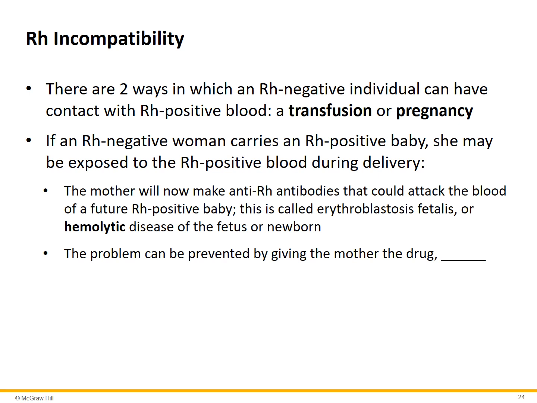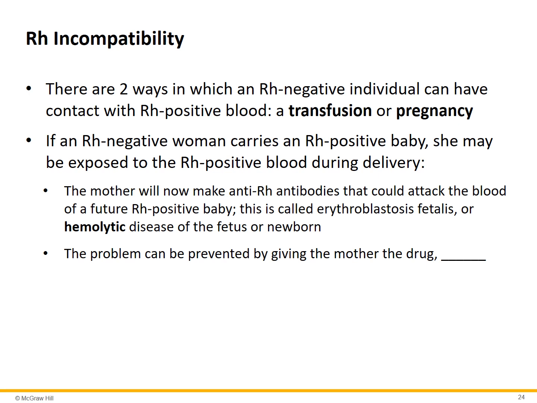They have some immunity due to antibodies that have passed from the maternal circulation into the fetal circulation. Where this becomes significant is when you have an Rh negative woman who carries an Rh positive baby. During birth, that's when there's often a true mixing of maternal and fetal blood.